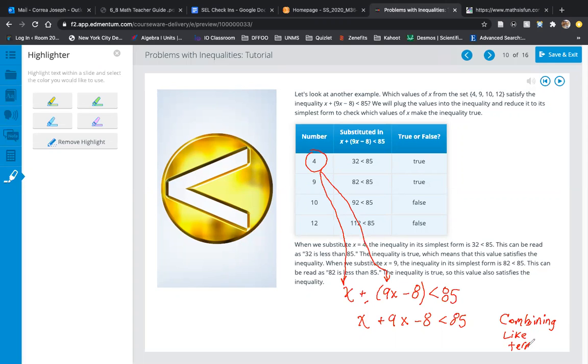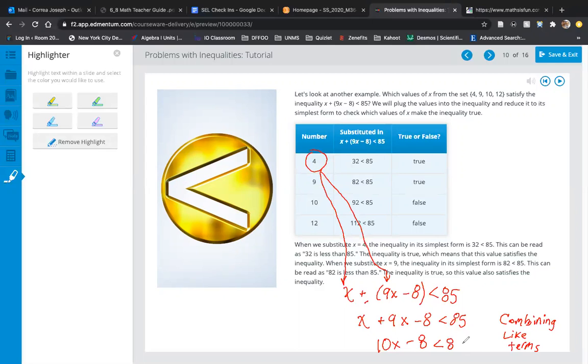So when we combine like terms, I'm basically looking to see, do I have multiple x's, right? So if I have x, right? Remember, if there's no number, it's like saying I have 1x. So if I have 1x and I add 9 more x's all together, I actually just have 10 x's minus 8. I can't do anything with that minus 8. These are different types of terms.